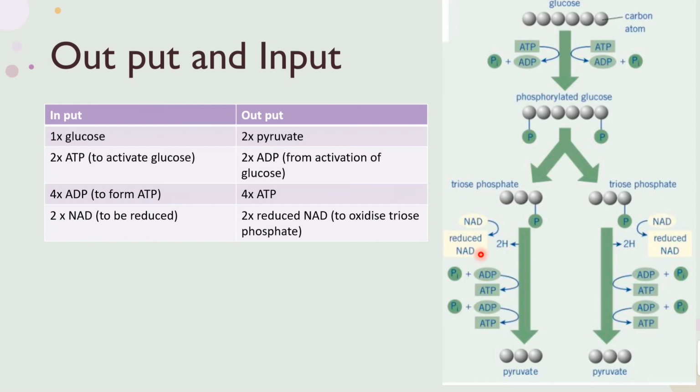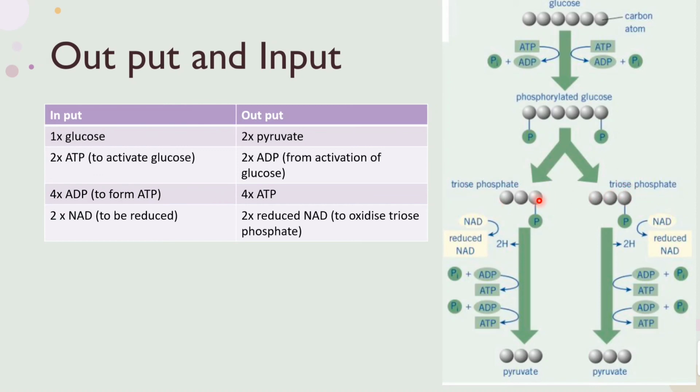So those are our 4 stages of glycolysis. There's the phosphorylation of glucose via ATP, and this is to activate our glucose so we can split it. So our phosphorylated glucose is then split into 2 triose phosphate molecules.